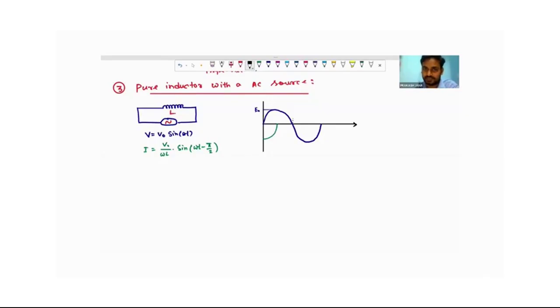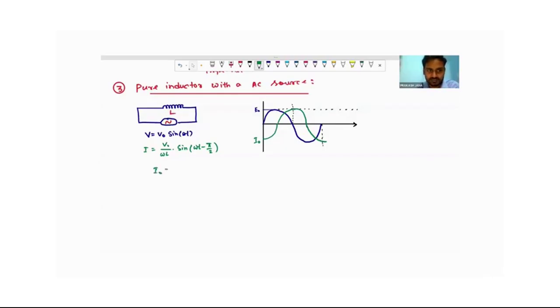As you know, we always need proper scaling when we plot two curves in a single graph. So proper scaling is important. Something like this, and here it is I naught.